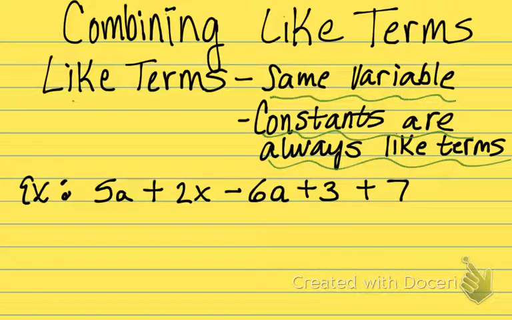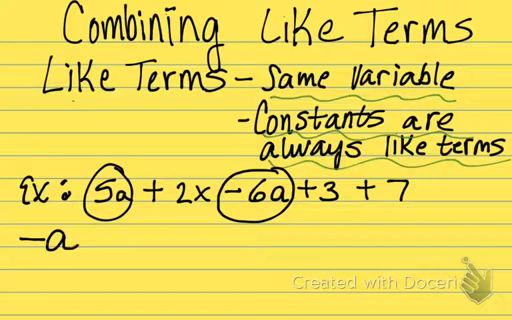So I'm going to simplify this particular expression here by combining the terms that are like. So I've got my 5a, and then the other term that has the same variable is a 6a. So if I put together positive 5a with a negative 6a, that is going to leave me with negative 1a, because those 5 positives are going to cancel out 5 of those negatives, but they're still going to leave 1 left over.